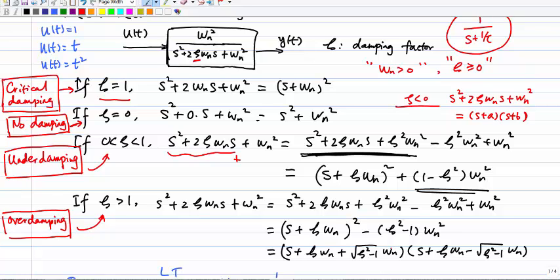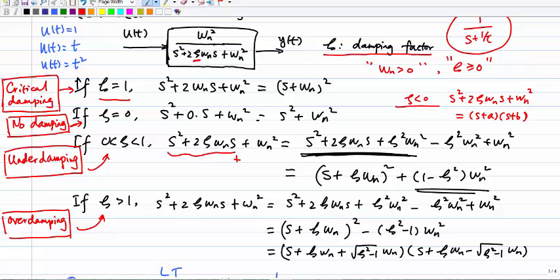So we want to talk about the solution for different theta. In particular, when theta is 1, we have critical damping. When theta is 0, we call it no damping, because this is called damping. By the way, theta is also called the damping factor, because it plays a role in the control system performance that I will talk about later on.